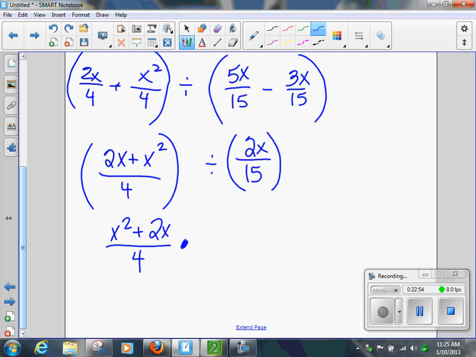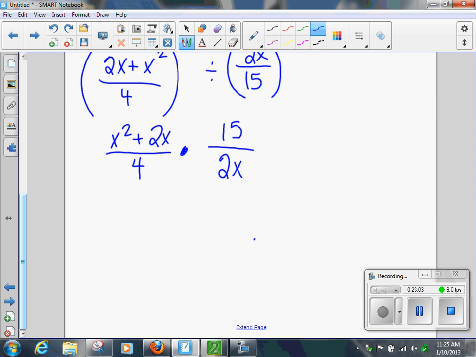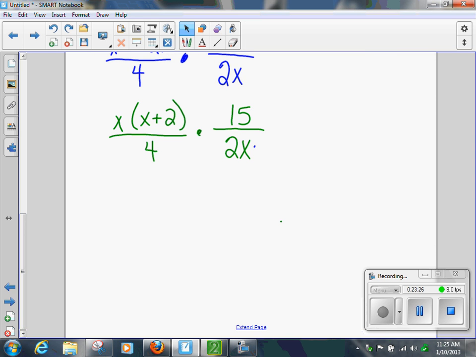Copy, change, flip. Before I do anything, I want to simplify up here before I simplify at the end. Is there anything I can do to x squared plus 2x? I can factor out a GCF. Let's just look at that real quickly. I'm going to write everything down. Is there anything that I can cross-cancel out of that?